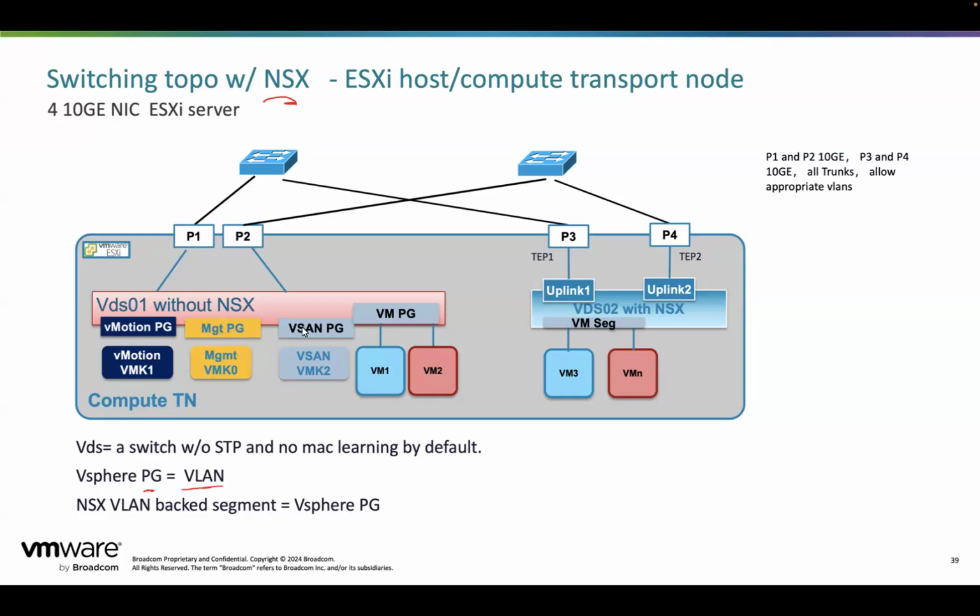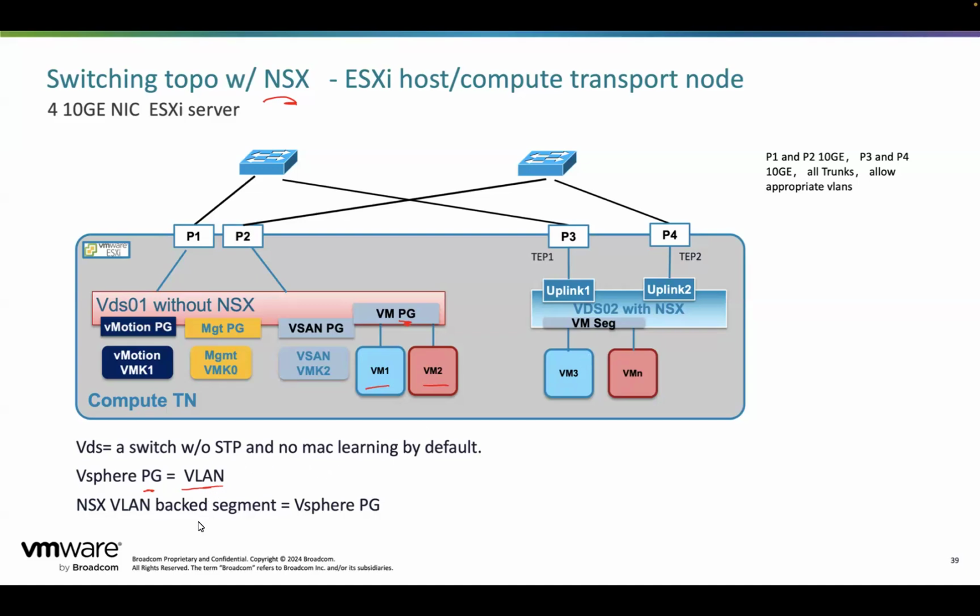Here there's a VDS 01 logical switch, and on this switch we create different PGs, just like creating different VLANs. So a PG is equivalent to a VLAN. This one can talk to this one because they reside on the same PG without using a router.